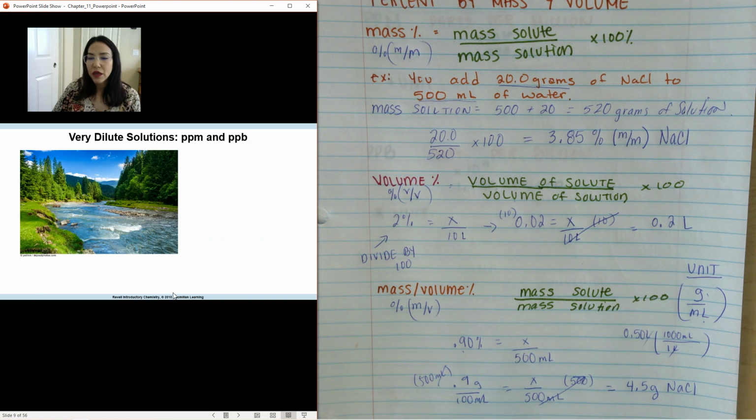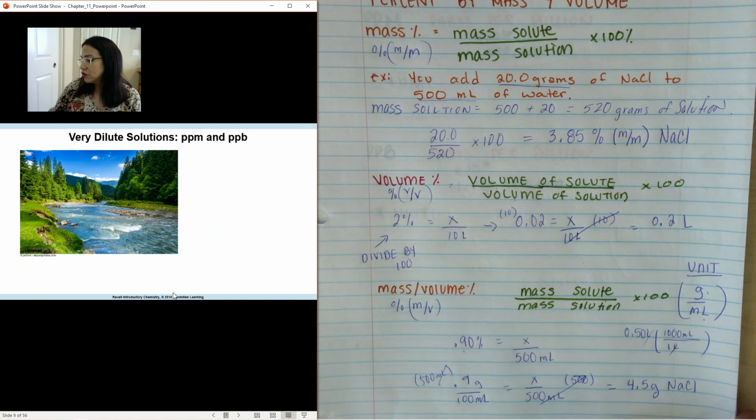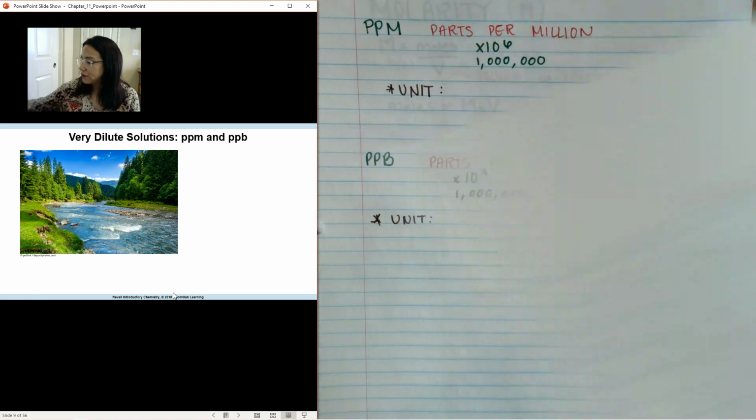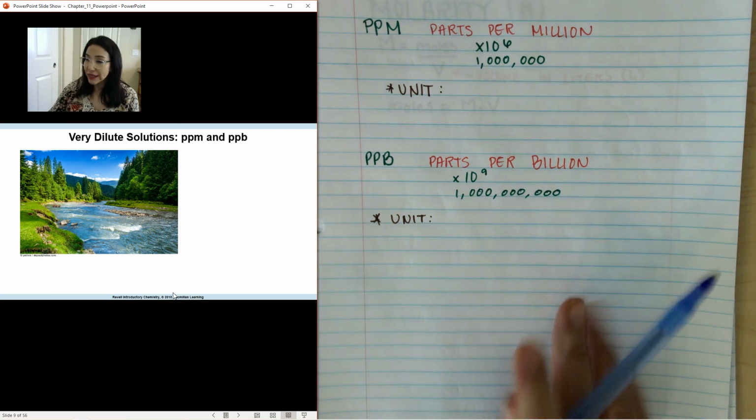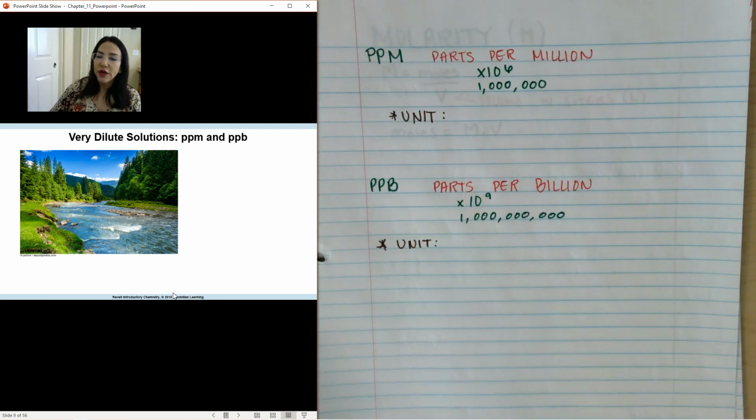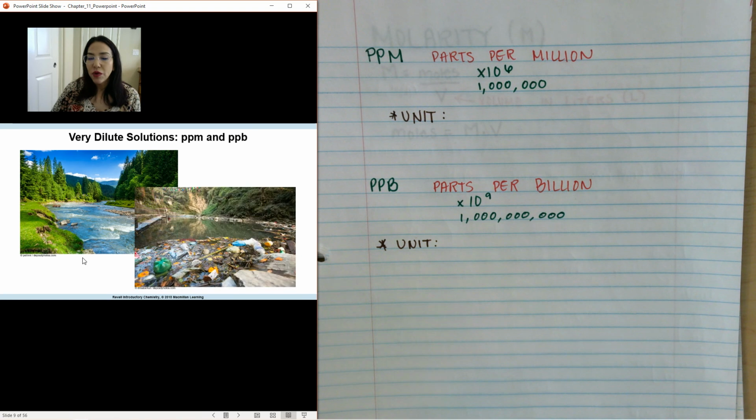All right. So very dilute solutions are described in parts per million and parts per billion. So this is for very dilute solutions. And when we talk about very dilute solutions, you could start thinking about the contamination of our natural resource water.